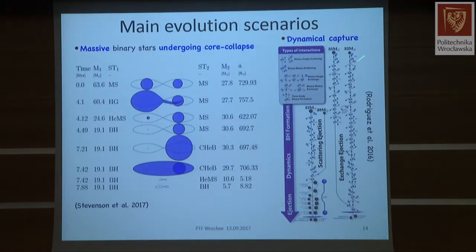So the next natural question arises: what was the astrophysical origin of these sources, and how did these systems arise? There are essentially 2 competing scenarios.